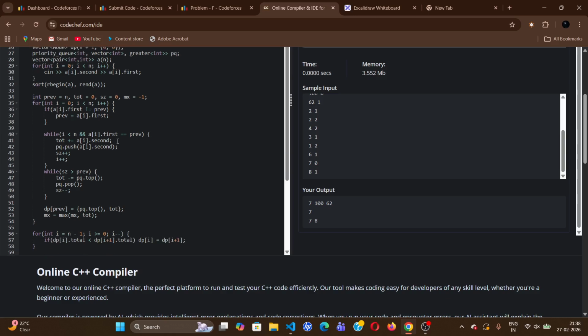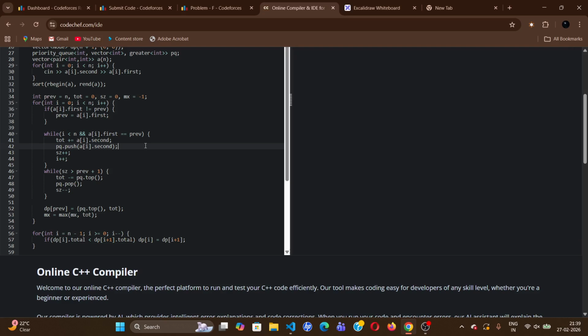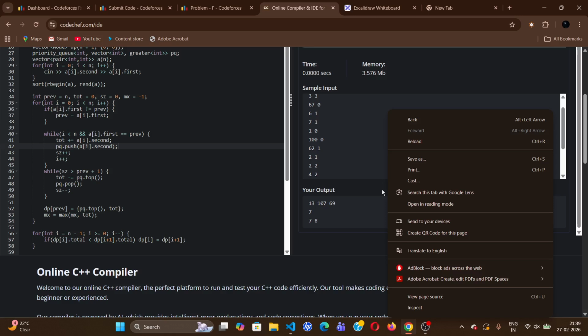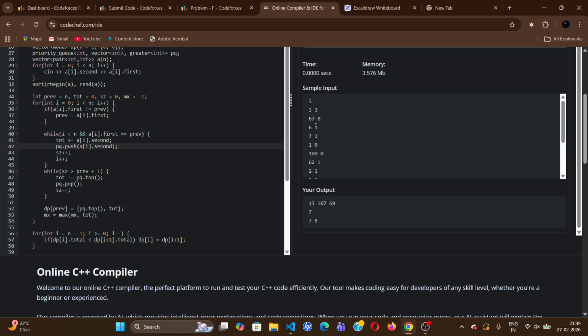Okay, the size greater than previous. There can be any elements. Plus one elements also. There can be n plus 1 elements also. 1300, 769. 13.